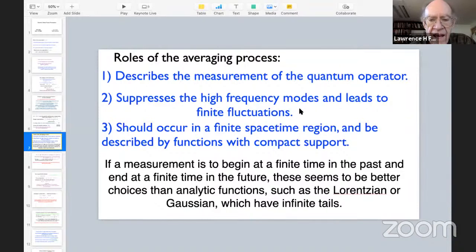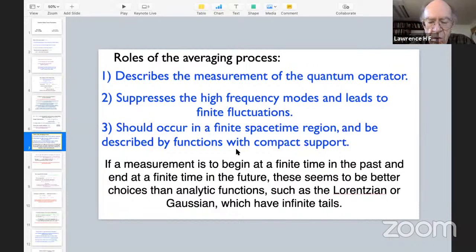But more than that, the functions f and g should describe a measurement that occurs in a finite space-time region. And that means they're going to be described by functions that are strictly zero outside of a finite interval, which mathematicians call functions of compact support. Compact support just means that the region in which the function is non-zero is a compact set.